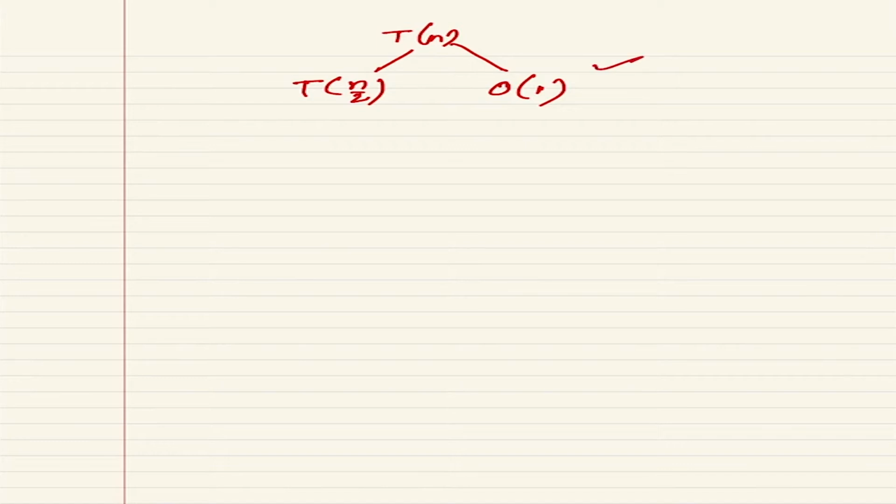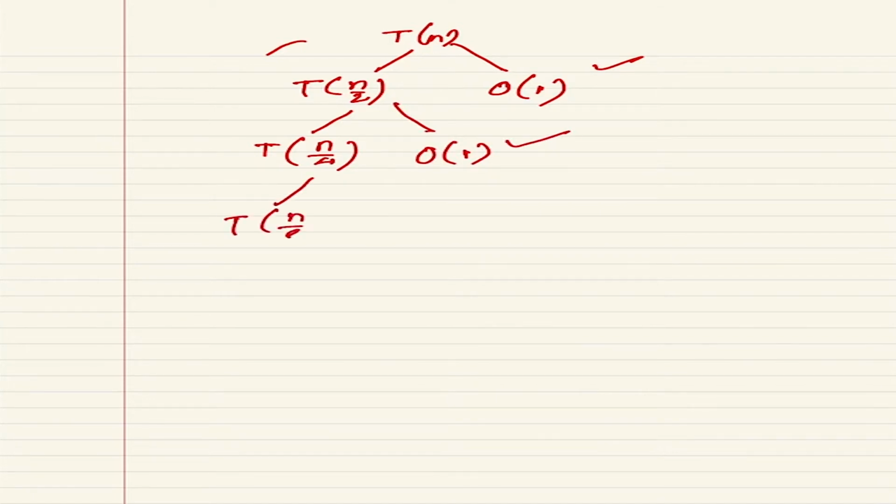So order one is time that you're spending, but T(n by 2) you're further dividing. You go to a subarray of size n by 4 and you do order one work. This is time that you have already spent. Again, you go to an array of size n by 8 and you spend order one. And you keep on doing that.